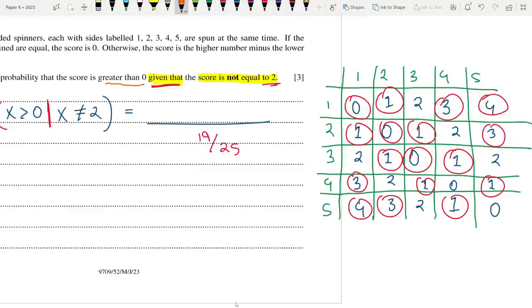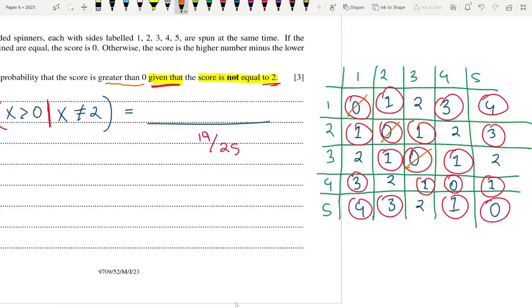It has to be greater than 0. So this is excluded, this is excluded, this is also gone. Sorry, I missed these two while I was circling. So in total we have 19 circles. I only left out the 2's.